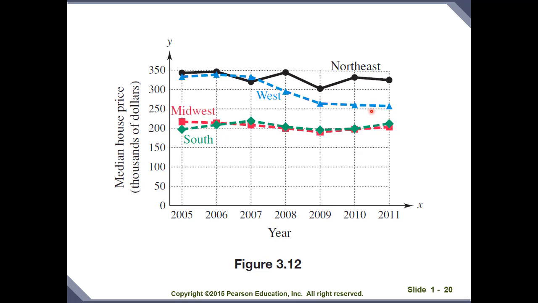So you see that that difference in price has decreased over time. And we notice that with the exception of 2007, the Northeast had the highest prices. We also see at the start of this period, the South had the lowest prices, but then it looks like the South is gradually increasing average prices over the Midwest throughout much of this period.